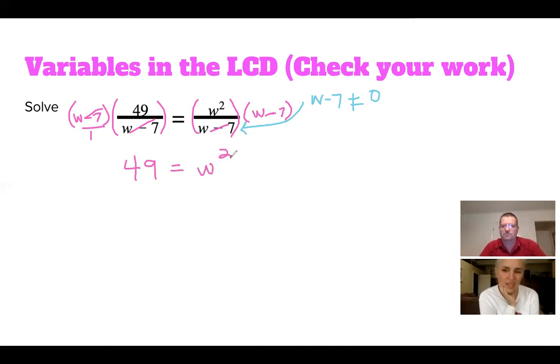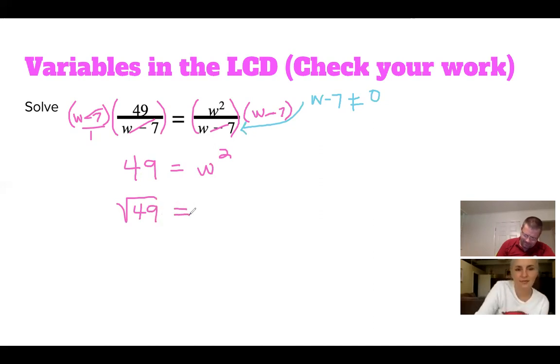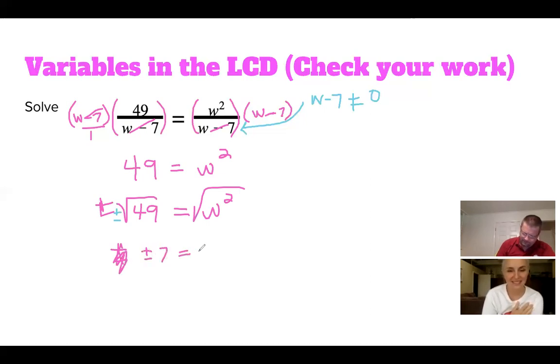To use my best Bush, w squared. And when I square root that, or root it, as my grandma would say, I get a plus or minus. I was getting there. I end up with plus or minus 7 equals w.